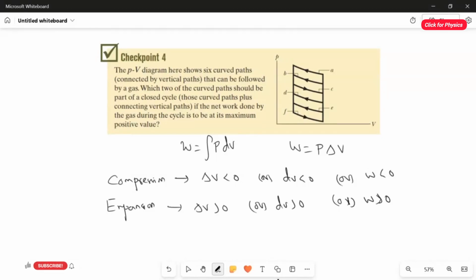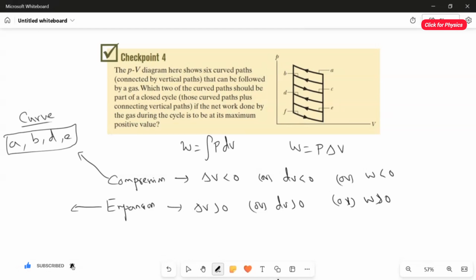Curves A, B, D, and E. You can see all these curves refer to the compression part. And which curves have the expansion part, moving in the rightward direction? C as well as F. C and F refer to the expansion.